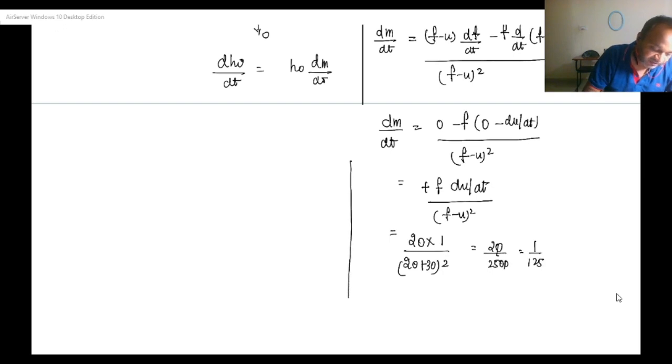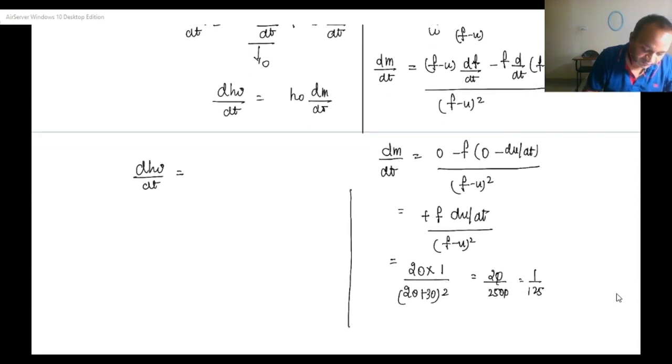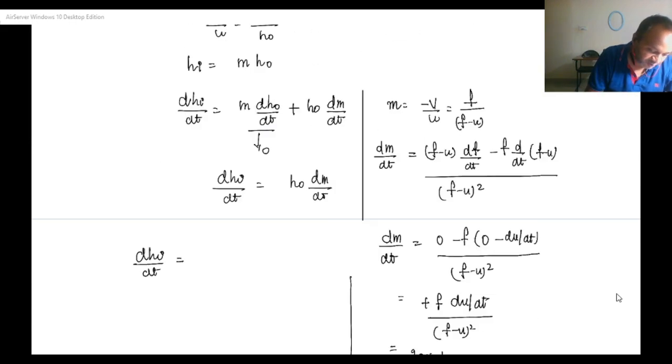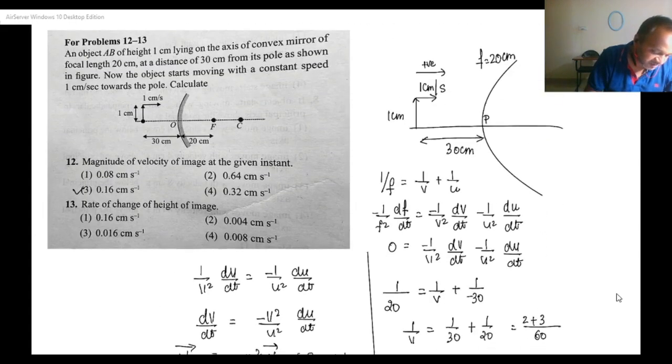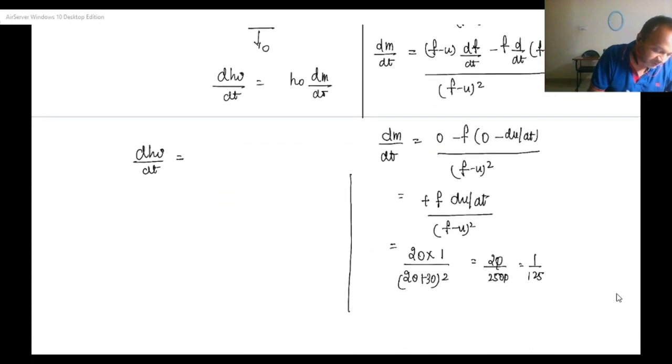So magnification we have calculated, so dhi by dt we can now easily calculate using this. dhi by dt is h naught into dm by dt, height of object into dm by dt. The height of the object is given in the problem, it is 1 centimeter. So putting the value here, 1 into 1 by 125, this is this much centimeter per second.